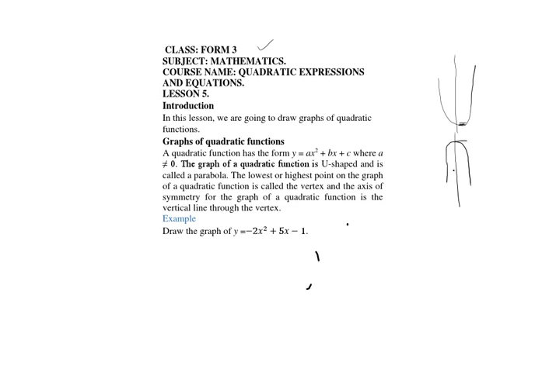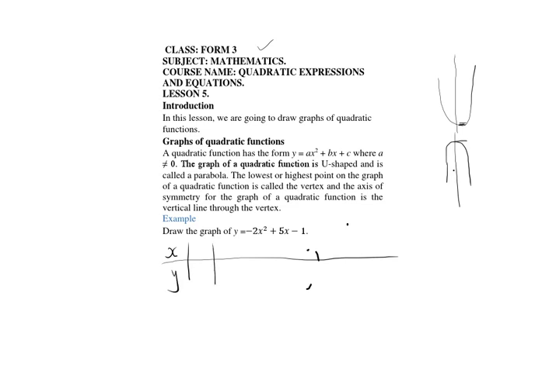Let us draw a graph of this given function, and first we need to get the values which are corresponding to x and y, and we draw a table of values. So we have x, y.